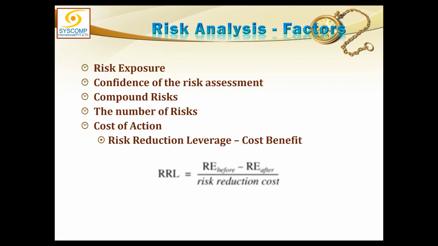What if it is equal to the amount you are saving? Then the answer will be 1. 90,000 divided by 90,000 will be 1. That means it makes actually no difference whether you take these steps and spend 90,000 or you accept the risk and it occurs and gives you a damage of 90,000.